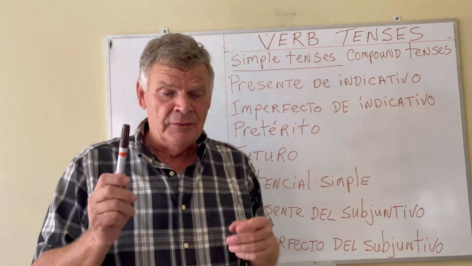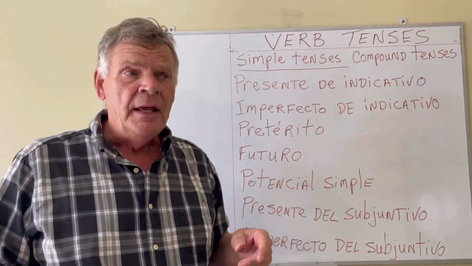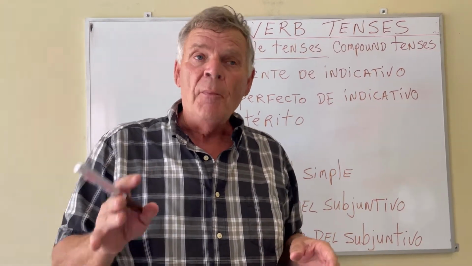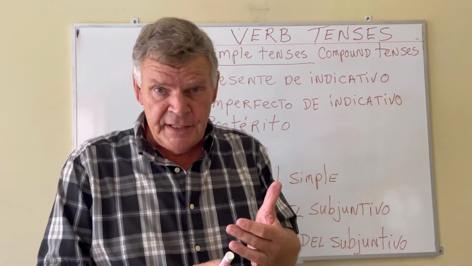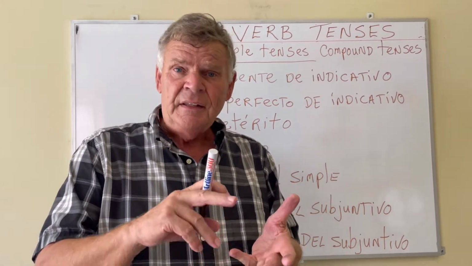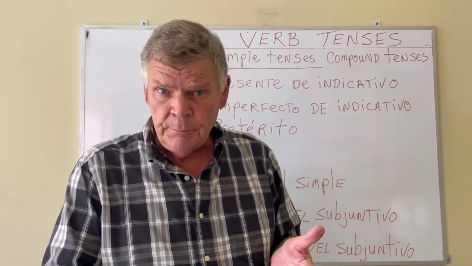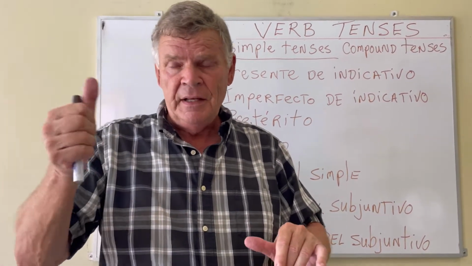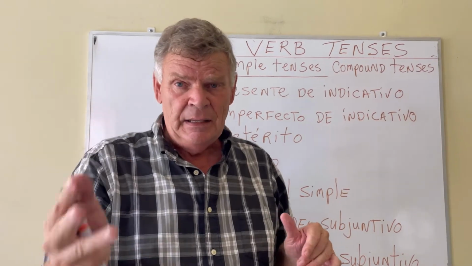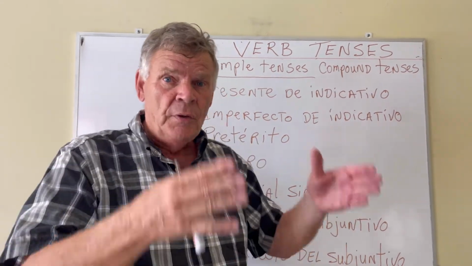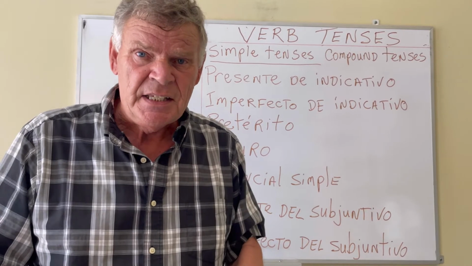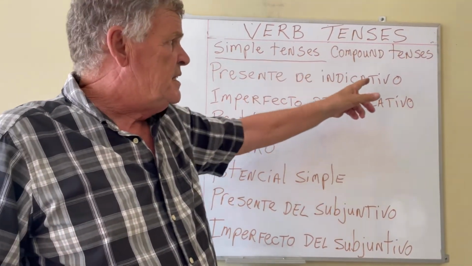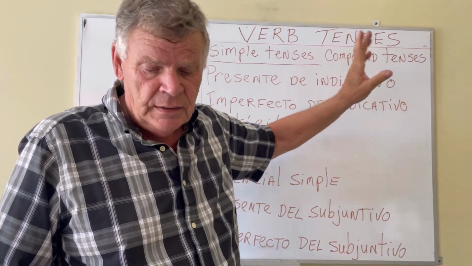Okay, today's lesson, like I said, is going to be about verb tenses. Now, in Spanish, apart from the infinitive and the present and the past participle, and the imperative, so we have the infinitive, the participles, and the imperative, apart from those, we have 14 tenses, 7 simple tenses, and 7 compound tenses.